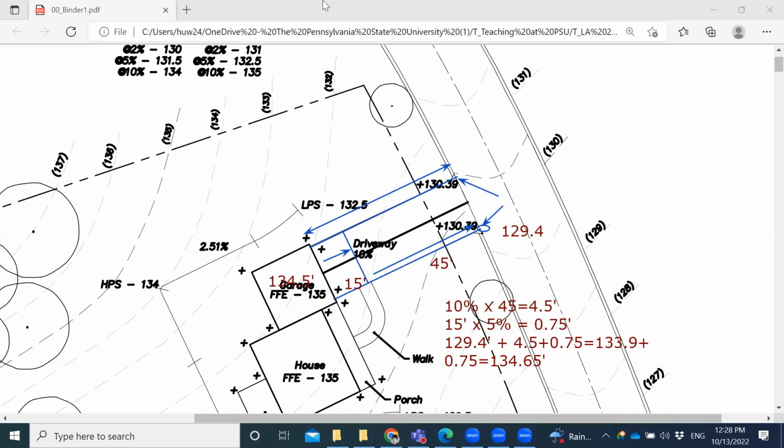And then next you would specify a HPS somewhere in this location, and repeat the process with your LPS in this location. It needs to be a little bit away from your building because I'm not exactly sure you'll be able to fit in all the contours in between, okay?